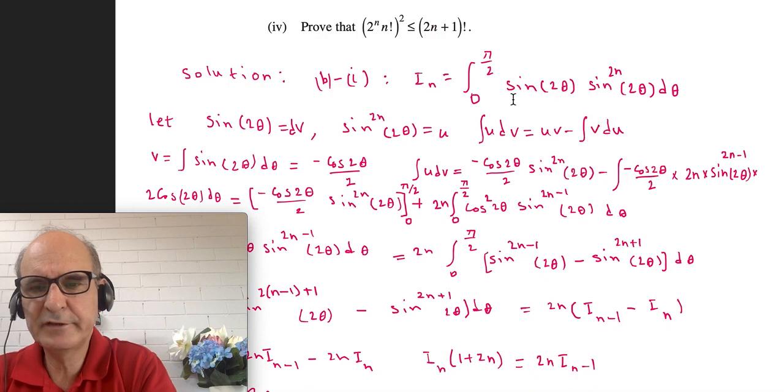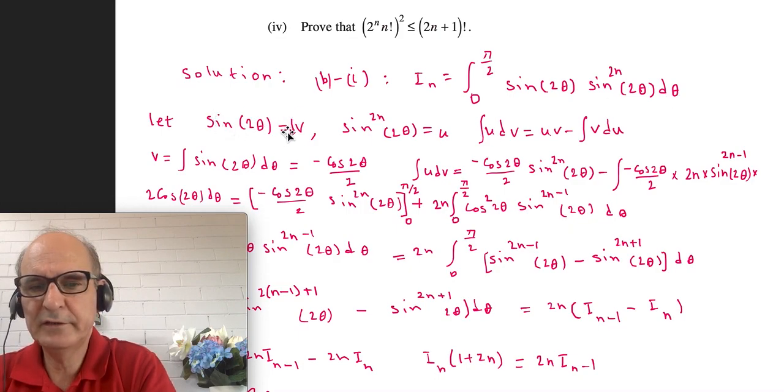So the first step is to write sine to the power of 2n plus 1 of 2 theta as sine 2 theta times sine 2 theta to the power of 2n. When you add the powers back, you end up with the initial statement. All I've done is split the 2n plus 1 into 1 and 2n.